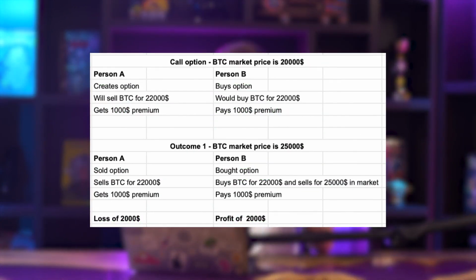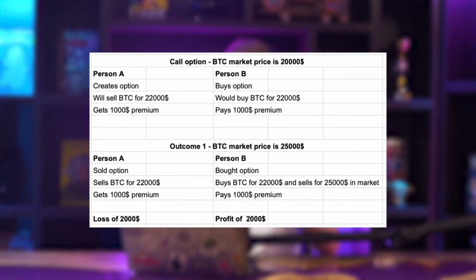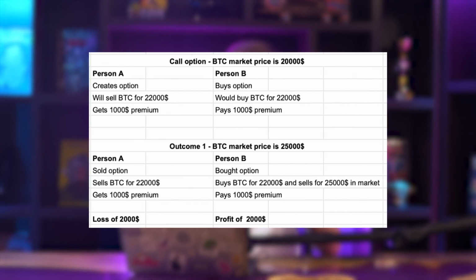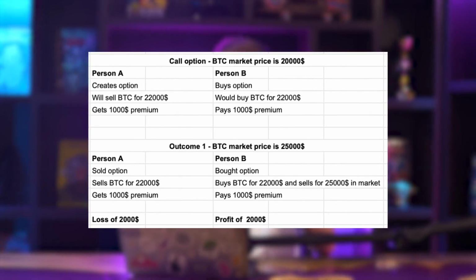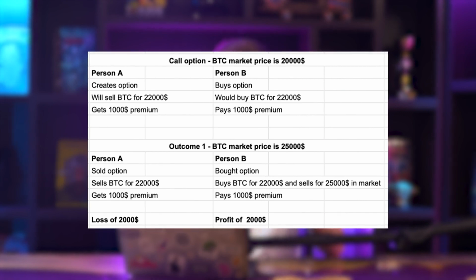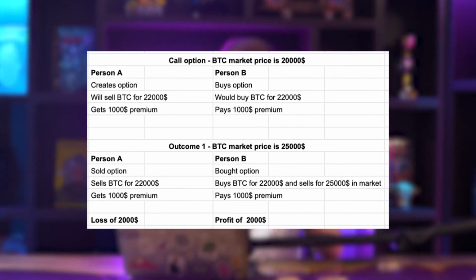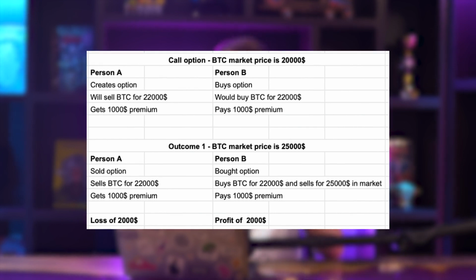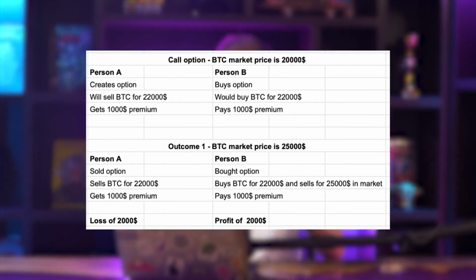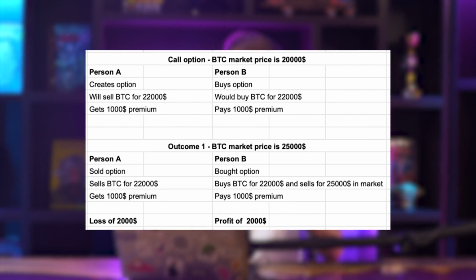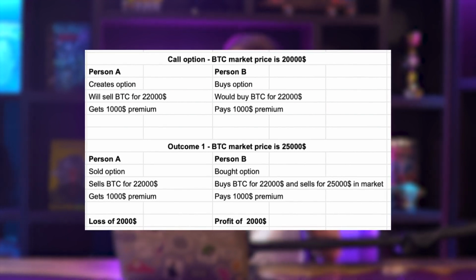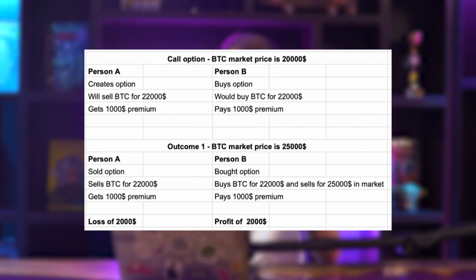So let's recap. There are two possible outcomes for this type of call option. In the first outcome, by the expiration time of the option, Bitcoin's market price is above $22,000, let's say at $25,000. And in that case, person A sells his Bitcoin to person B as stated in the option contract for $22,000. Person A receives $1,000 as a fee, but misses out on selling their asset for $25,000, since they're selling it for $22,000 by the contract but could have sold it for $25,000.